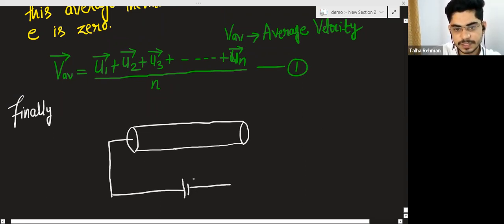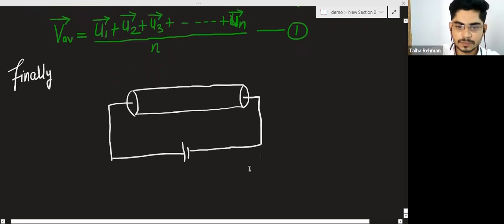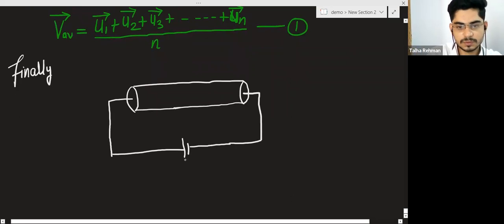This is the representation of a cell or battery. This is the wire, and it is connected with some voltage.